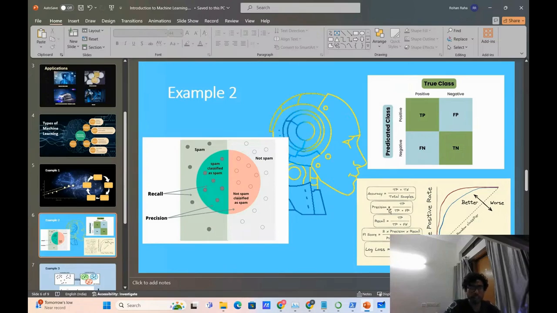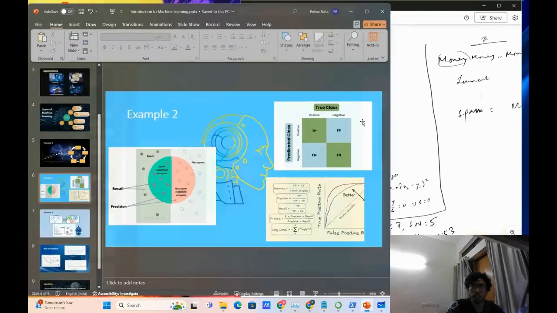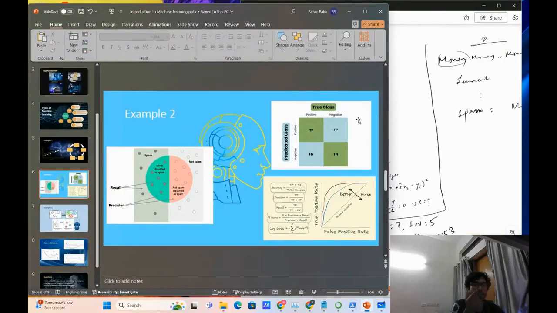So why do we need these three things: precision, recall, and F1 score? Let's say you are predicting whether a person has cancer or not, based on symptoms. You don't want to miss a person. If someone has cancer, he needs to be treated immediately, right?